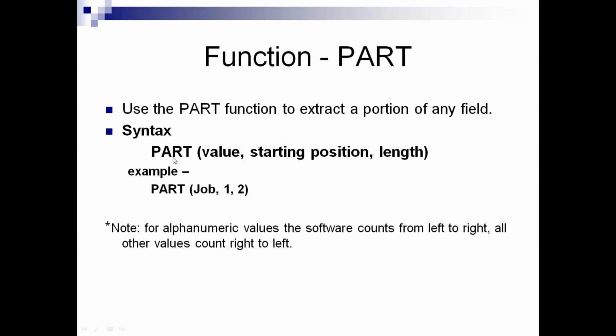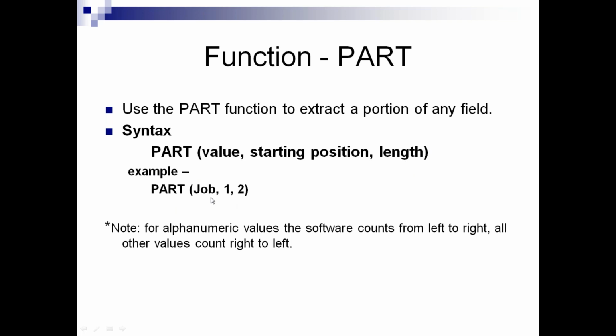The syntax here is the word part, then again opening parenthesis, the field or the value that you want to separate, then a comma, the starting position of where to start within that field, and then a comma, and then how long, how many characters or digits to pull off of that field, and then a closing parenthesis.